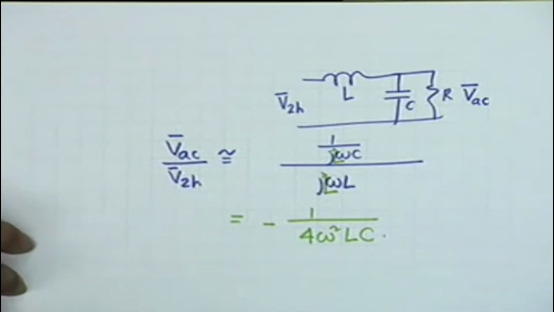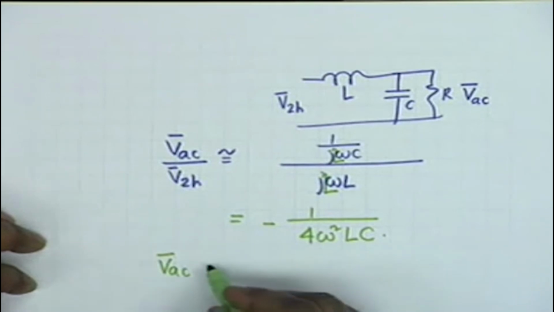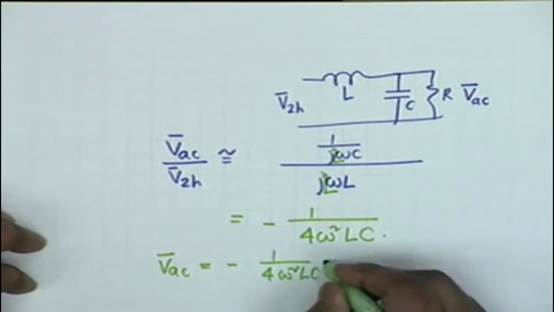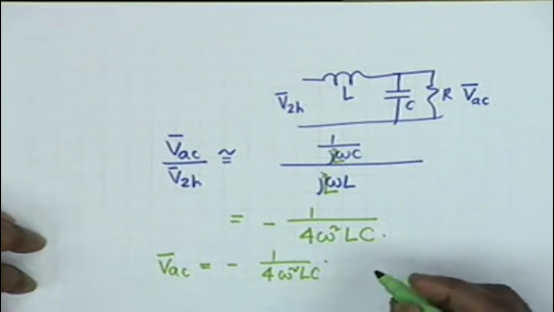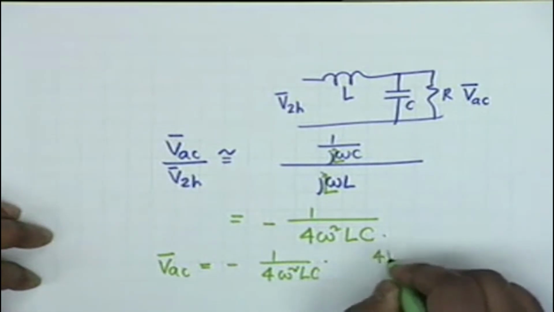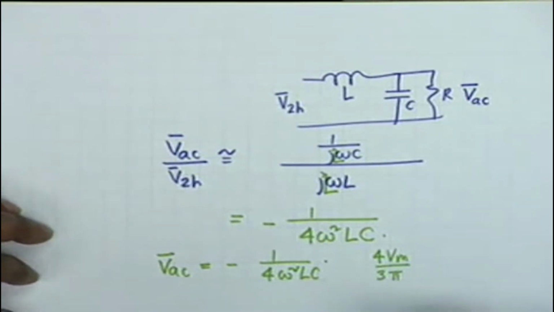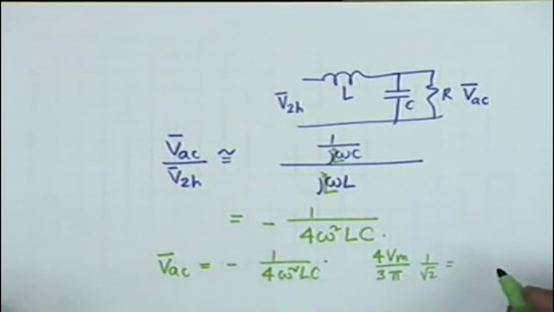Therefore VAC phasor would be equal to minus 1 by 4 omega squared LC times V2H phasor, which is given by 4 Vm divided by 3 pi. This is the maximum value. This has to be divided by root 2.